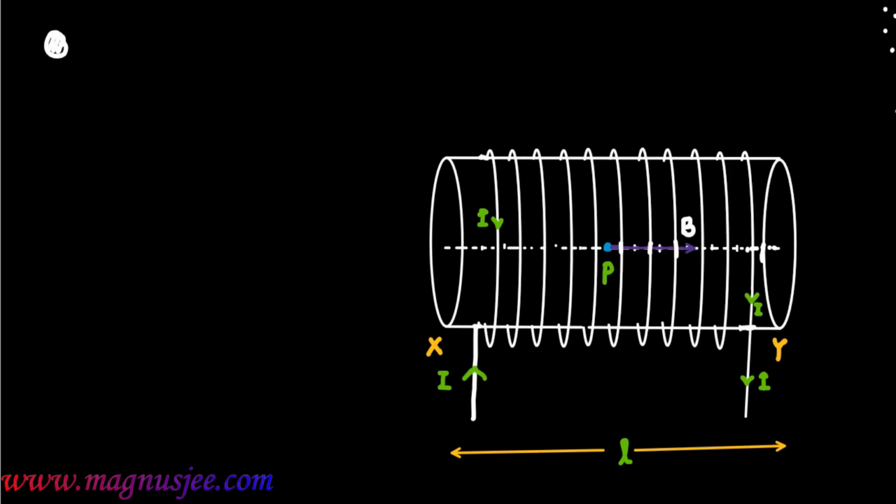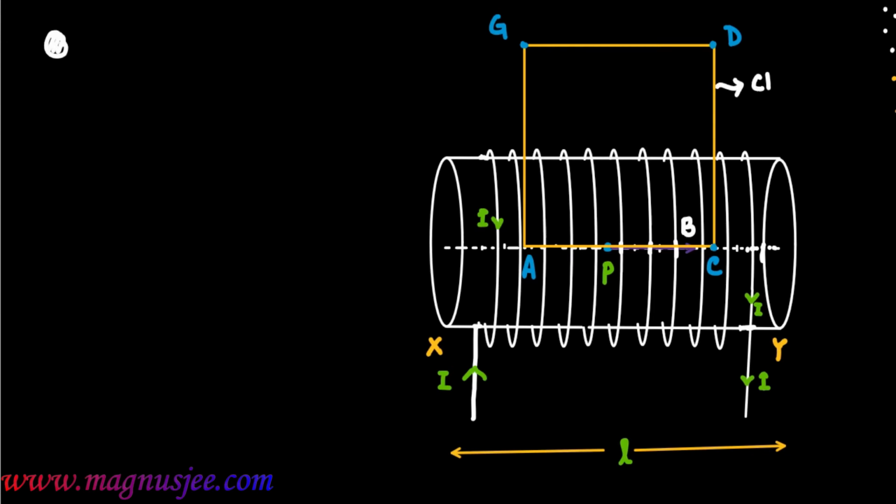And we have a number of turns, and we can consider a rectangular closed path, partly inside the solenoid, partly outside the solenoid. The rectangular closed path is ACDG, which touches the axis of the solenoid as shown in the diagram.